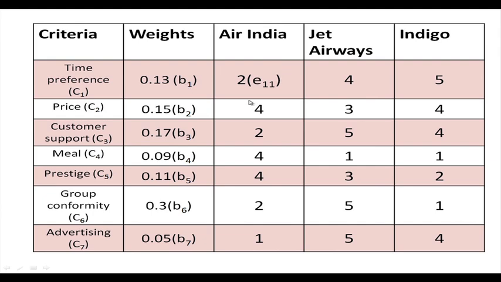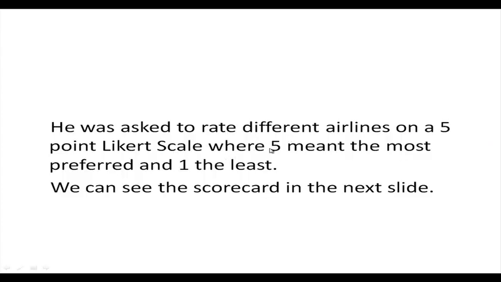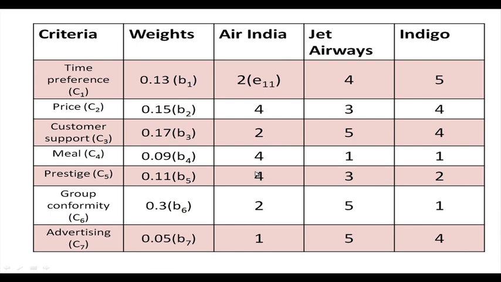Air India gets 2, which means, since 5 is best and 1 is worst, it is bad, not worst, but bad in terms of time preference.